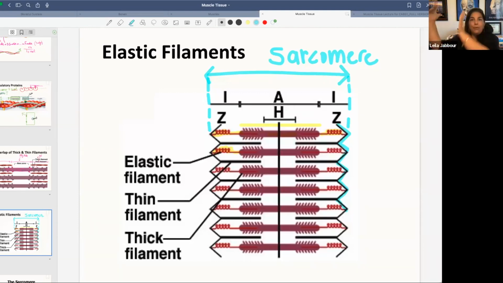And then you have another bundle next to it over there, and it creates another sarcomere next to it, and next to it, and next to it. And all of these sarcomeres are next to each other and anchored on the edges of the cell. So when they contract, they're all going to be pulling inwards, and the whole cell is going to shrink.